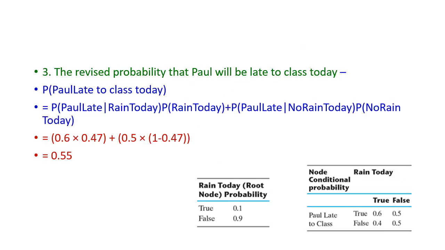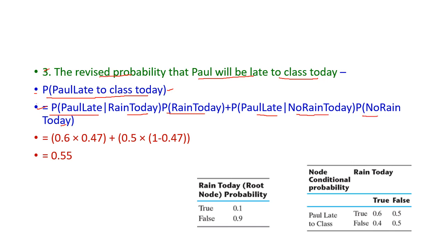Similarly, the next one is the revised probability that Paul will be late to the class today. So what is the probability of Paul late to the class today? Here, probability of Paul late with respect to rain today multiplied by probability of rain today, plus Paul late to the class with respect to no rain today times probability of no rain today.